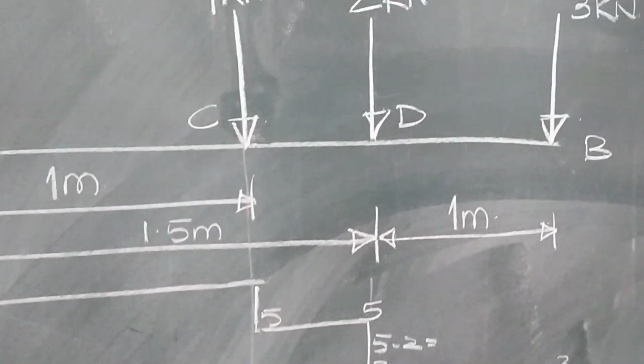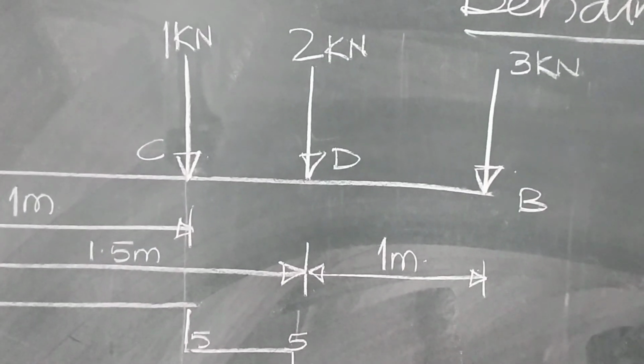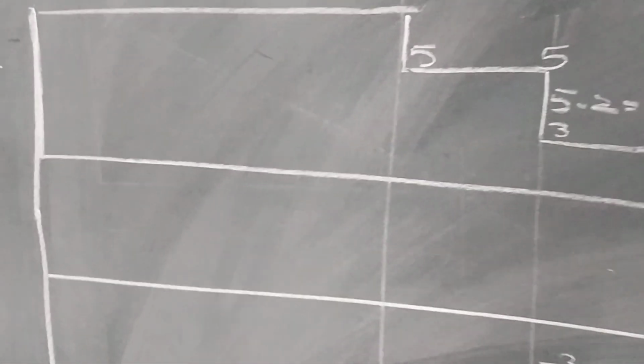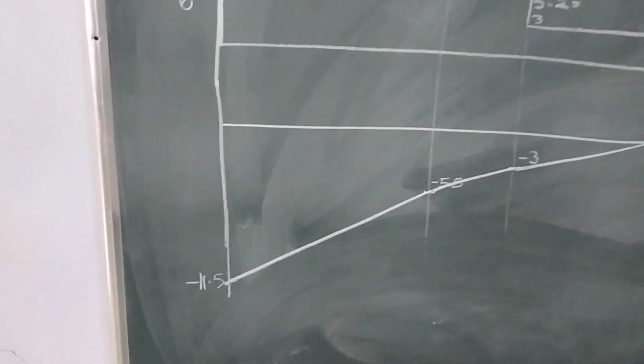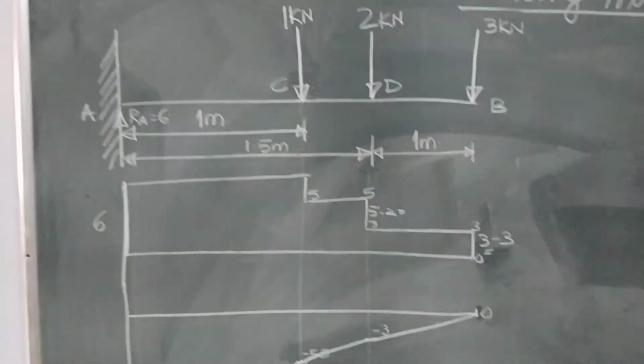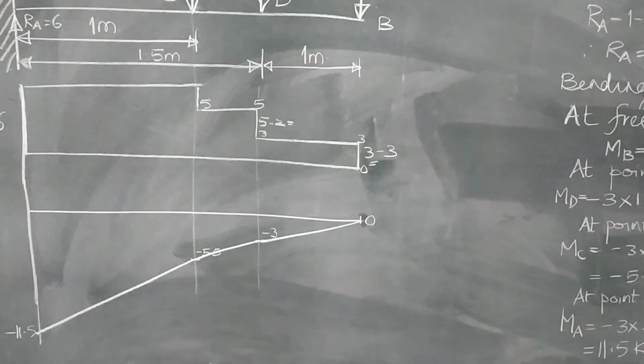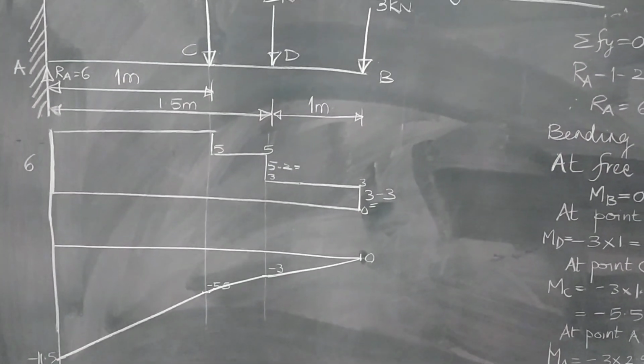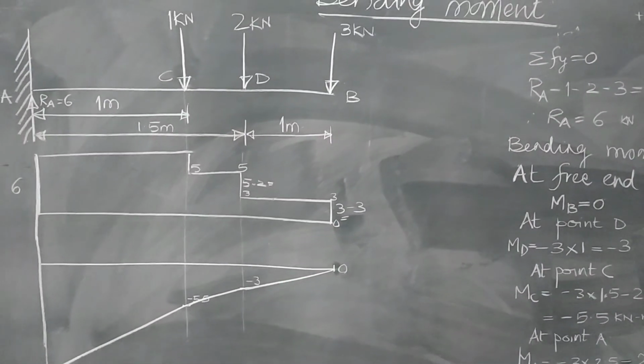As all these 3 forces are point loads, joining these 3 points with inclined straight lines, we will get a bending moment diagram. This is nothing but our bending moment diagram for this problem. This problem is a board problem which is asked in MSBT exam for 4 marks.